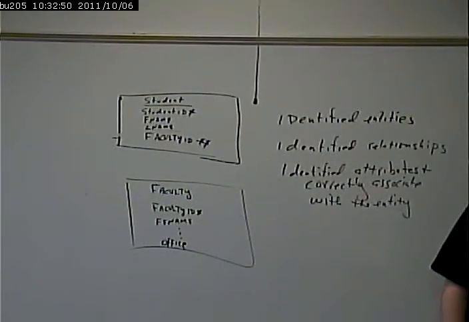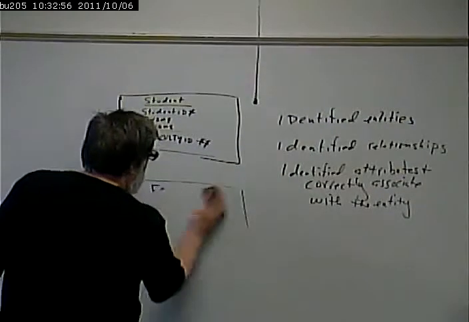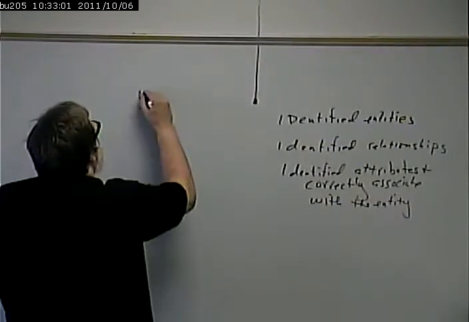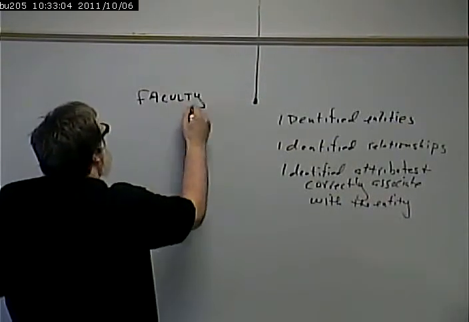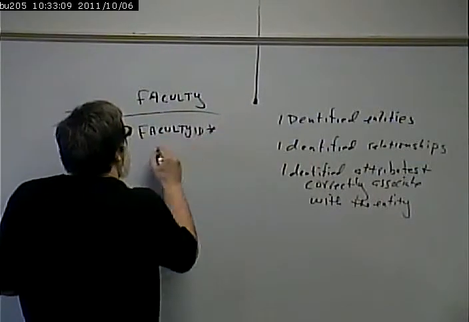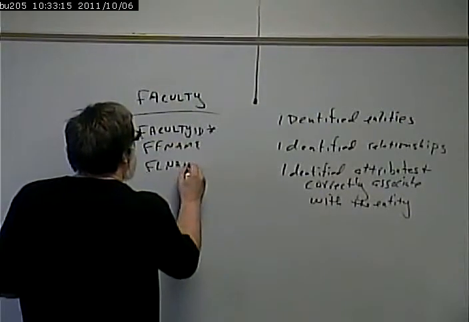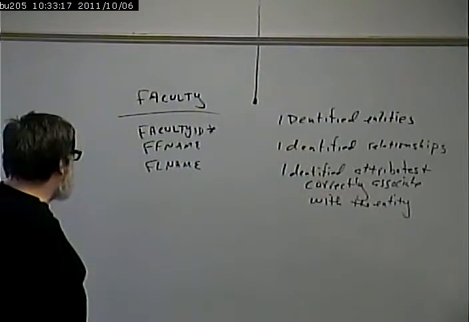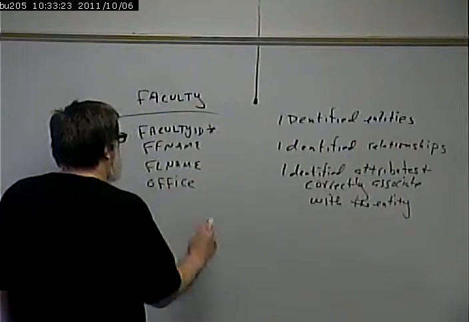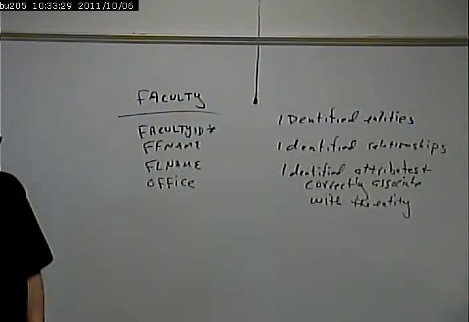Let's say, for example, we reverse the situation. And let's say in the faculty table, we have a faculty ID, the faculty's first name, the faculty's last name, their office, and a list of the courses that they teach.